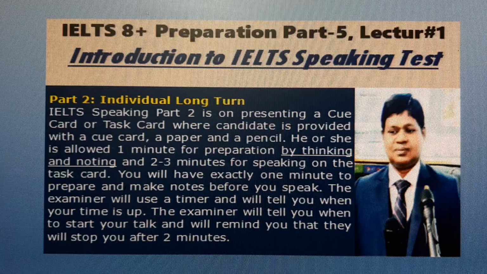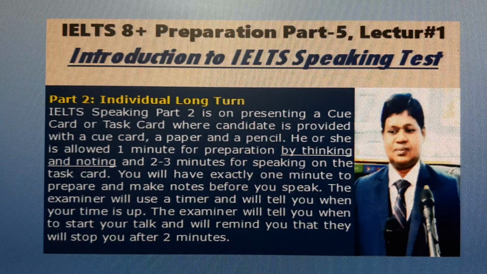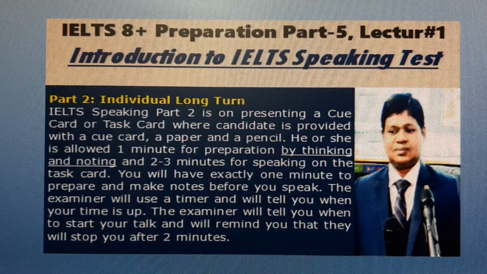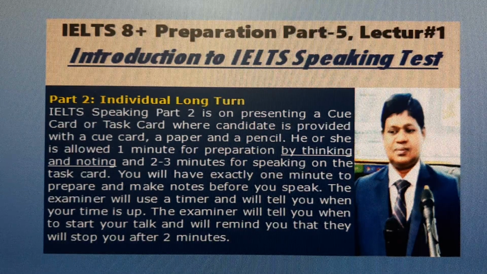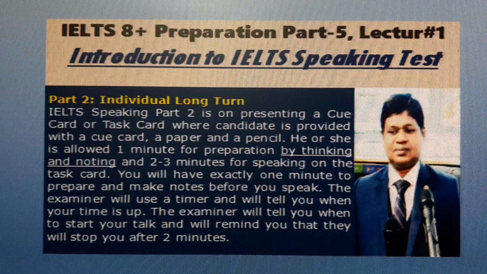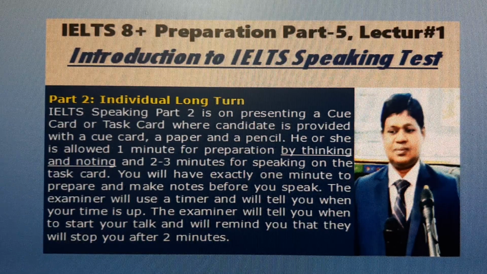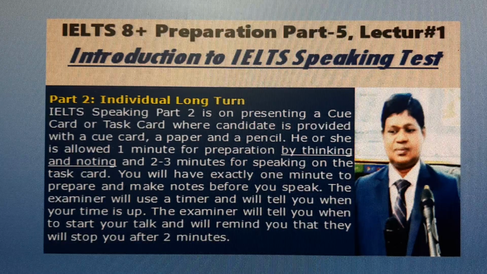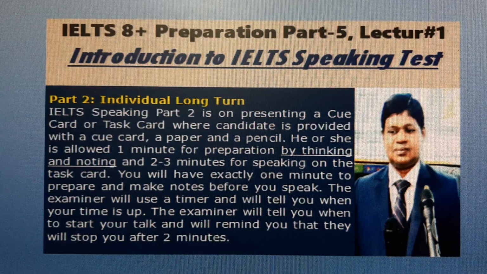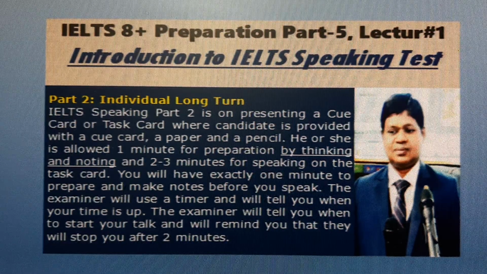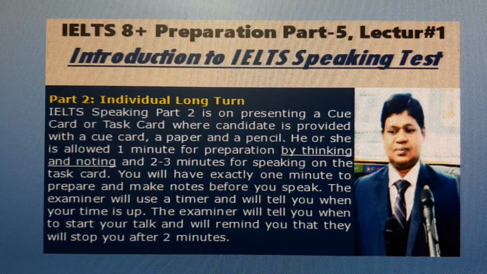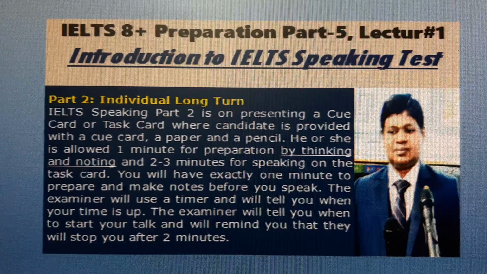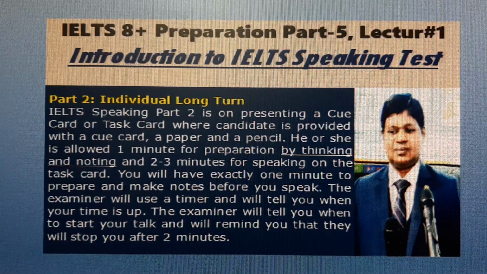The examiner asks the candidate to speak for 2 to 3 minutes on a particular topic based on written input in the form of a candidate task card, cue card, and content-focused prompts. The examiner asks 1 or 2 questions to round up the long term. Speaking Part 2 extends 3 to 4 minutes, including 1 minute preparation time.